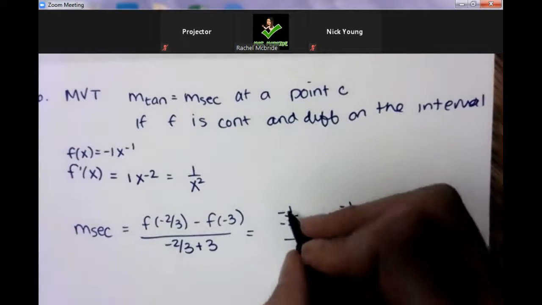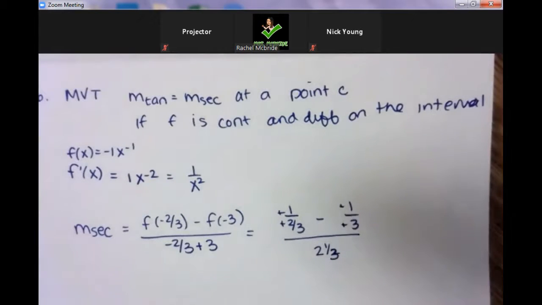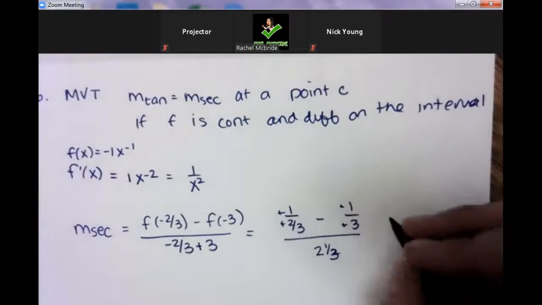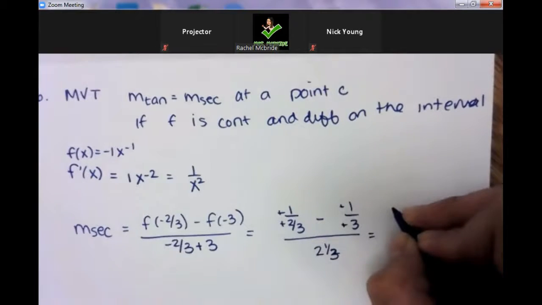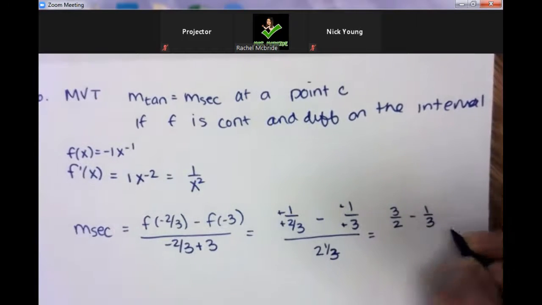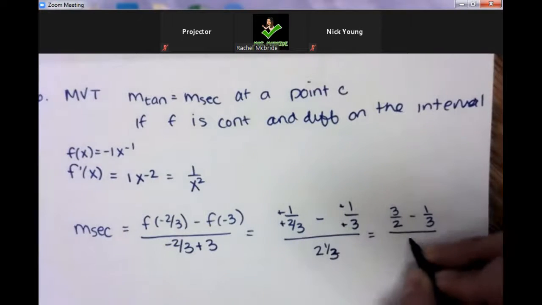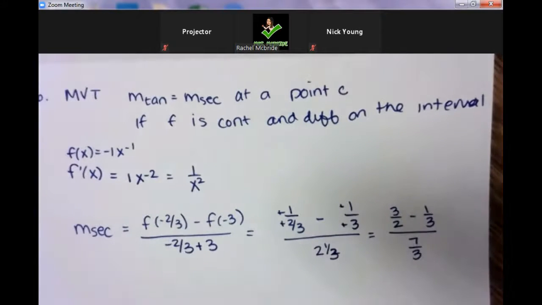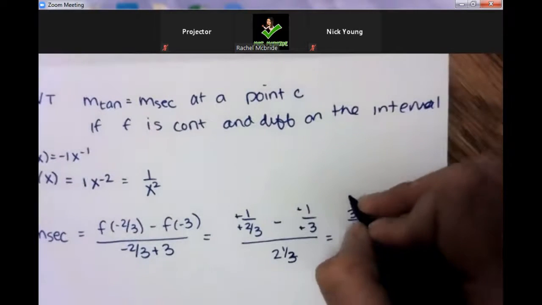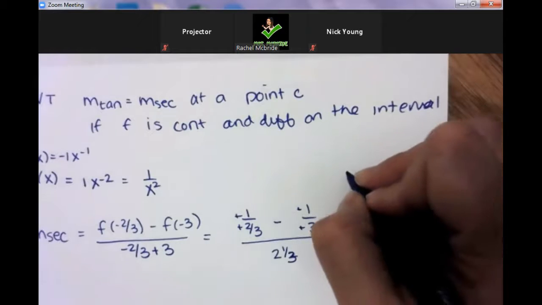So we kind of clean all this up. A negative over a negative is a positive. Negative over a negative is a positive. And 1 over 2/3 is really the same as 3/2 minus 1/3. And 2 1/3 is really the same as 7/3. So you need a common denominator to subtract.